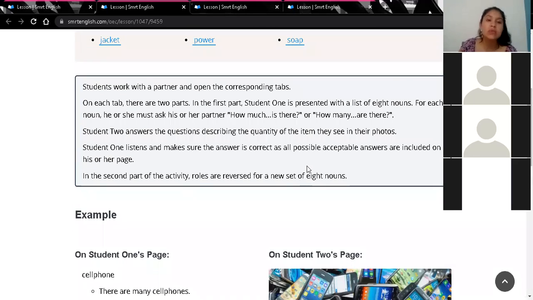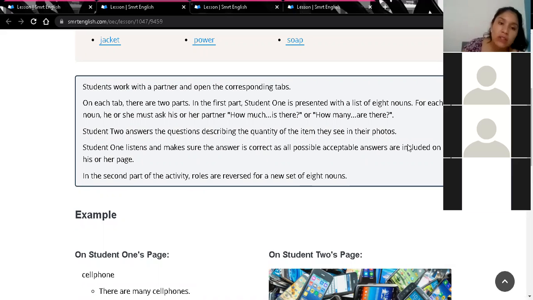Here we have an example of what we're going to be doing. Students work with a partner and open the corresponding tabs. On each tab, there are two parts. In the first part, student 1 is presented with a list of 8 nouns. For each noun, he or she must ask the partner, how much is there? How many are there? Remember, how much is for uncountable and how many is for countable.